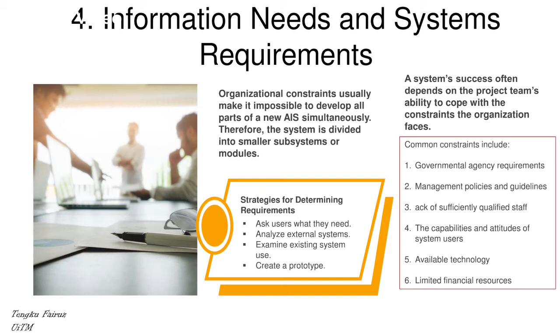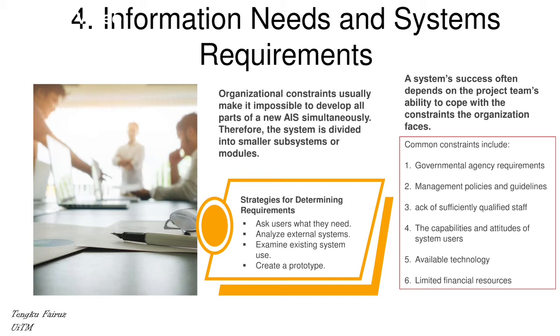Okay, and then examine the existing system use. This is what they did during the system analysis, during the system survey, when gathering information, so they examine the requirements under the existing system use. And then another strategy, they can create a prototype.